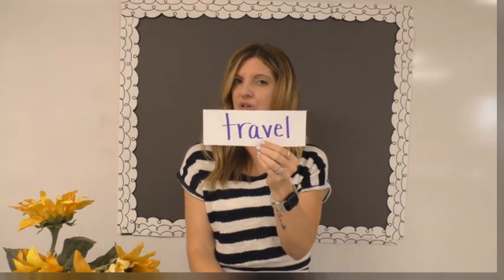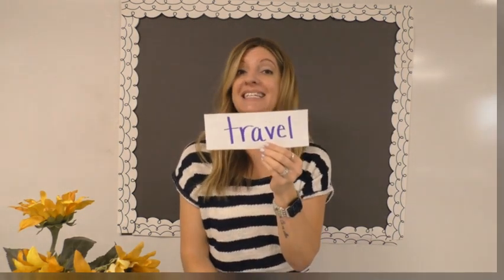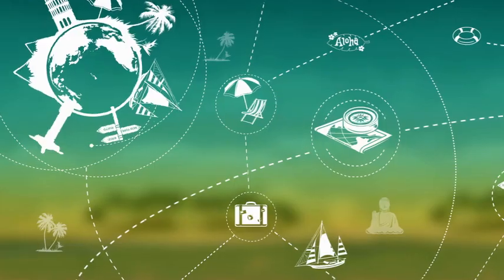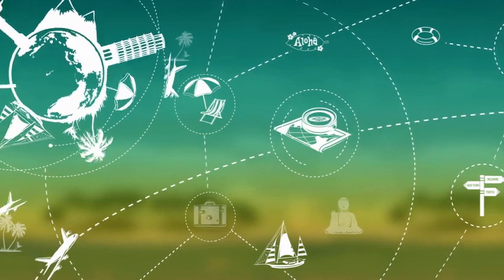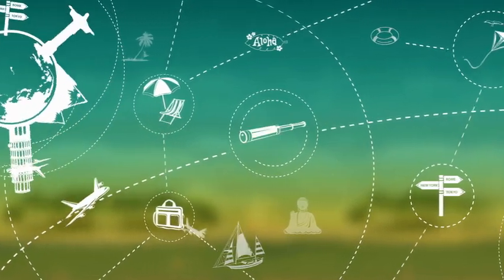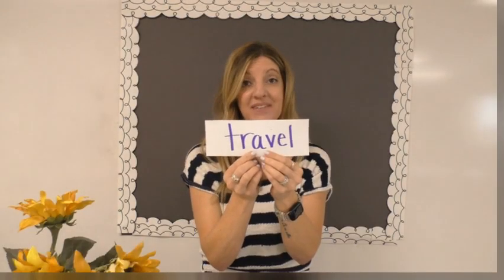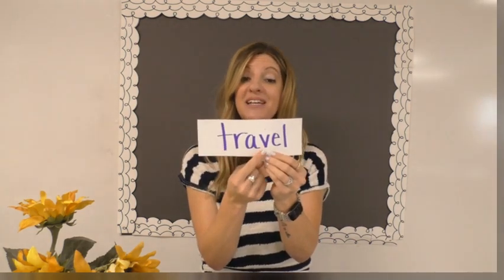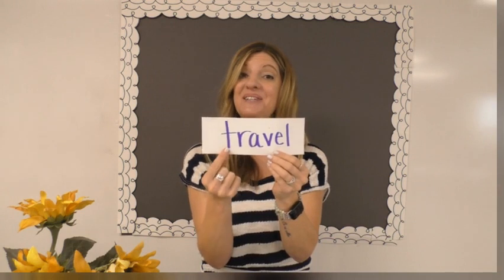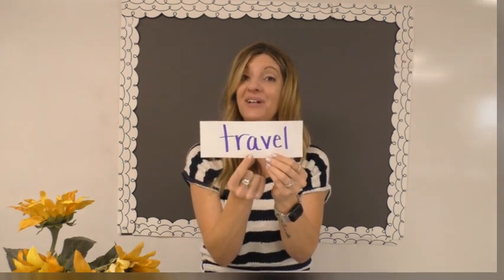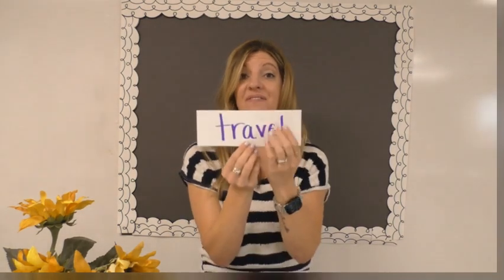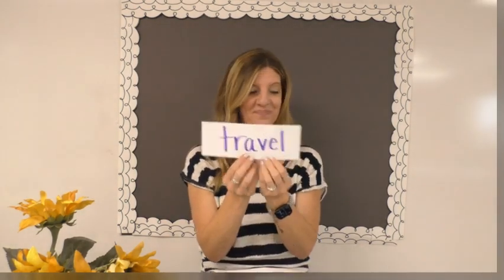Have you heard of the word travel? The sentence in context is, I can't wait to travel to a new country. You're right. It's not travel, it's travel. And the reason that it's travel is because this first syllable is stressed, but the vowel is short. So I would say travel, travel.